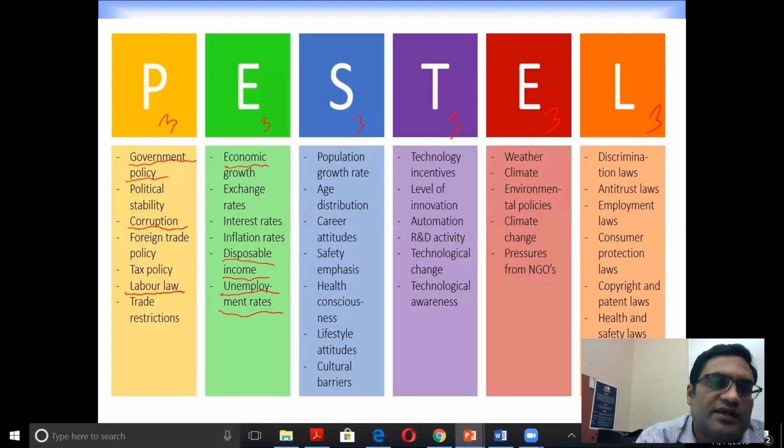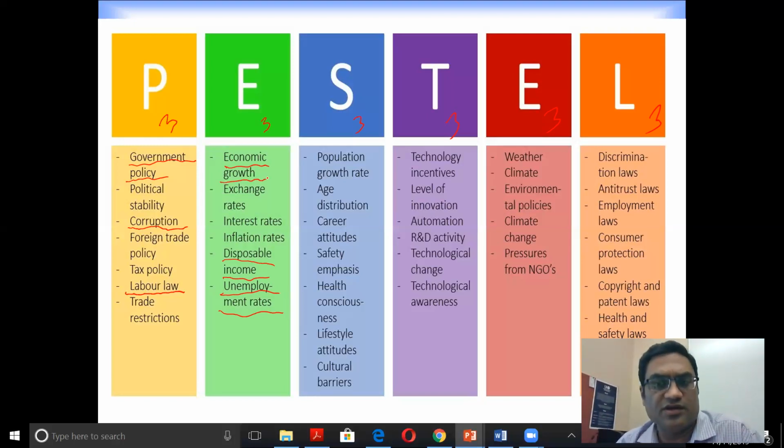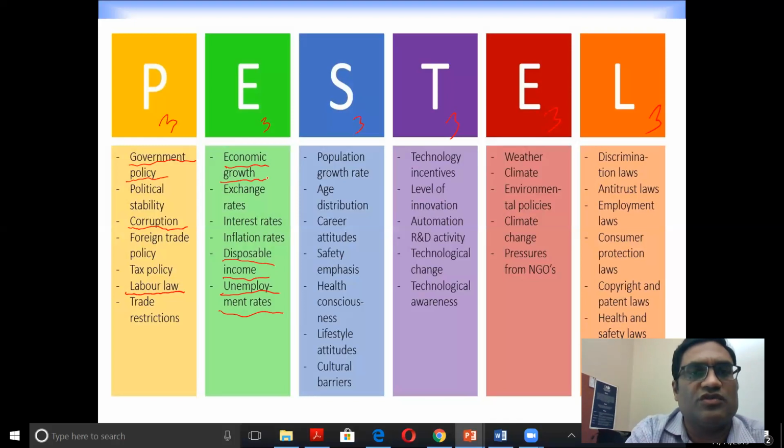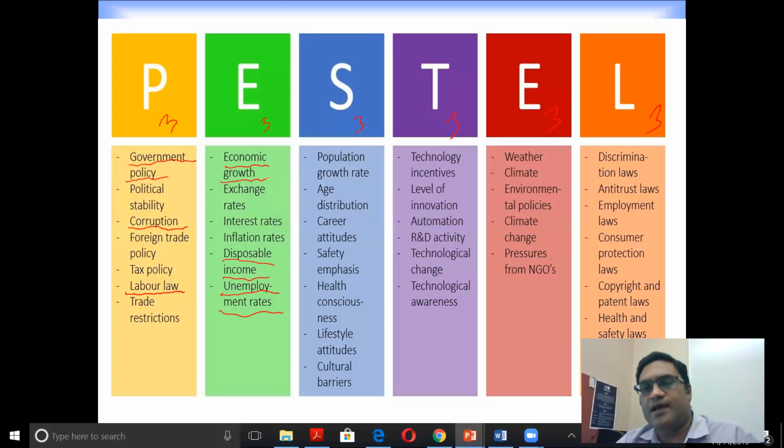Another factor would be economic growth. If the country is experiencing good economic growth, then people would have money to spend on healthcare. Okay, so on and so forth. So you are picking 3 factors from each of these. So this is 6 of these, so a total of 6 times 3 is 18 factors.